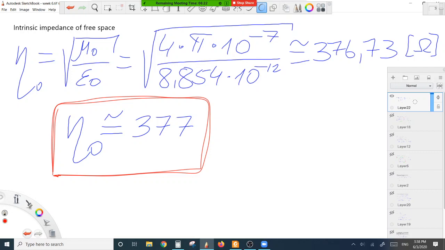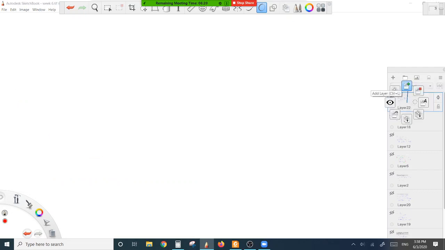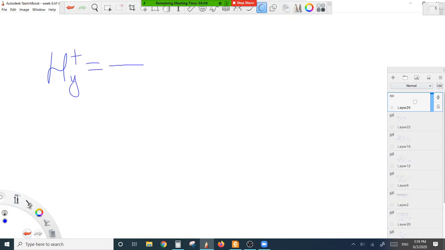Okay, and now the equation for the magnetic field, Hy plus, can be written as 1 over eta multiplied by Ex plus. Everything depends on z.